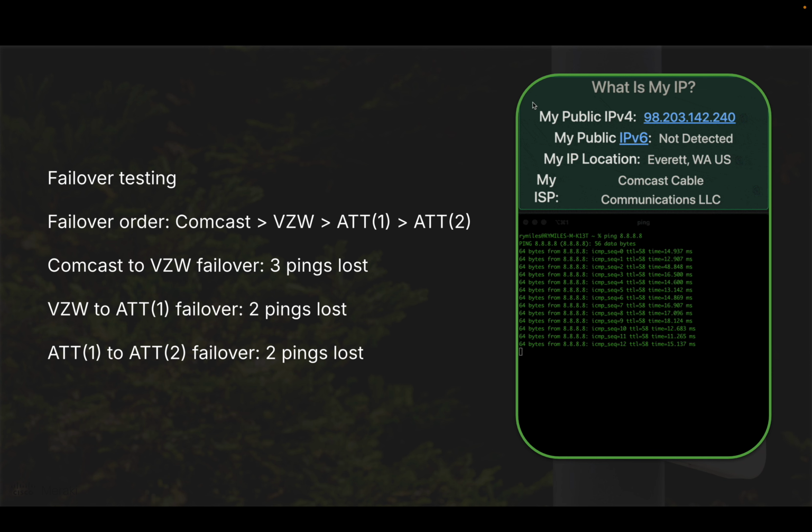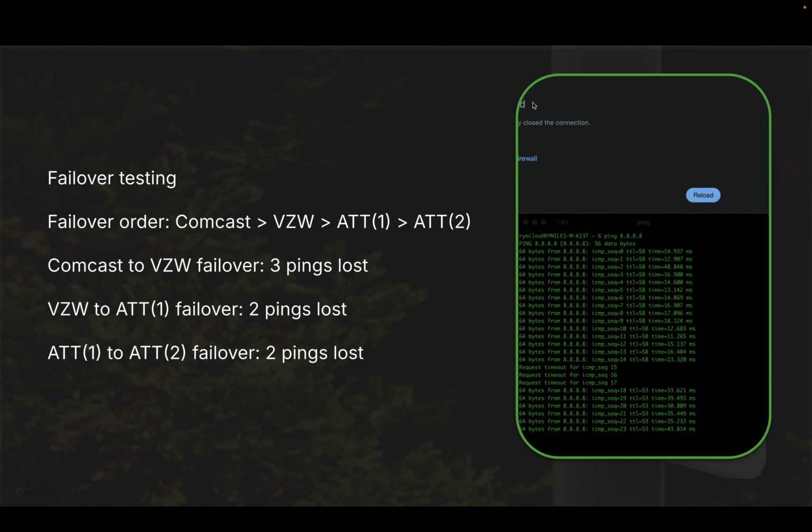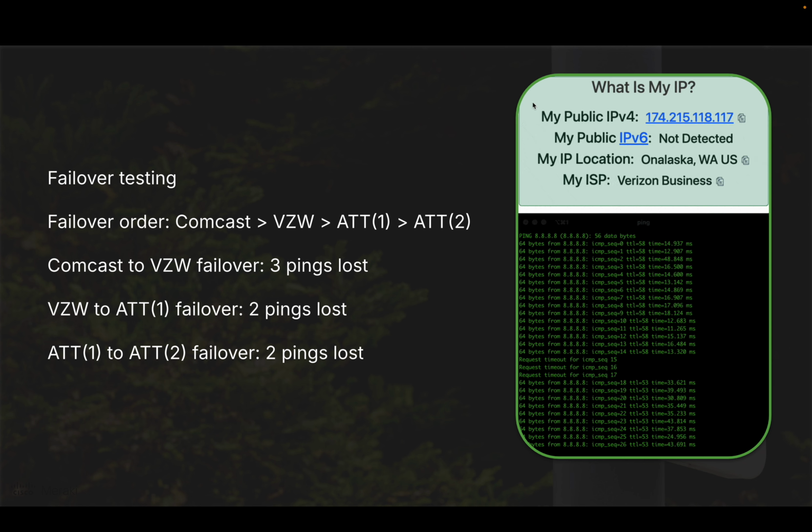And then lastly, while I performed all those failover processes shown in the previous slide, I ran a continuous ping, as well as refreshing a what's-my-IP site, showing that in each of the cases of failure, I would fail from my Comcast IP to my Verizon IP to my first primary AT&T IP, and then all the way to my last and final fourth IP through the sole remaining MG.